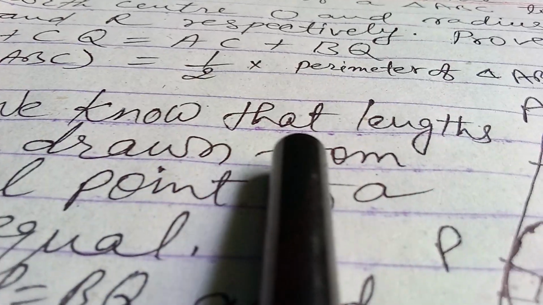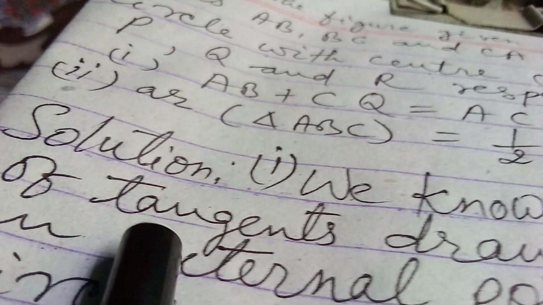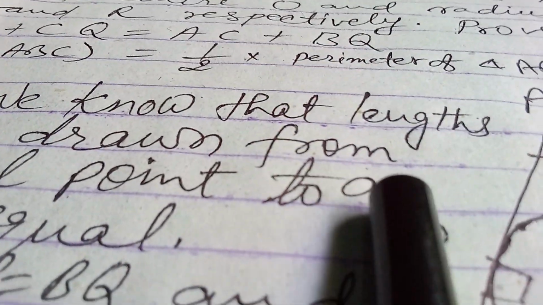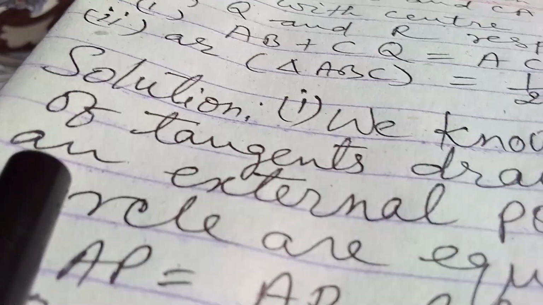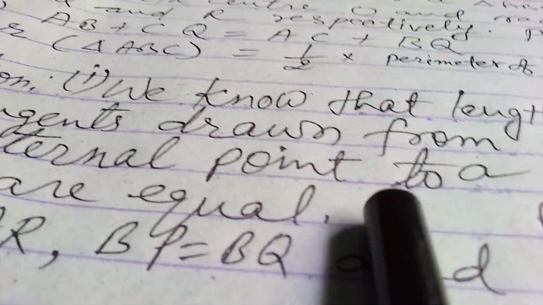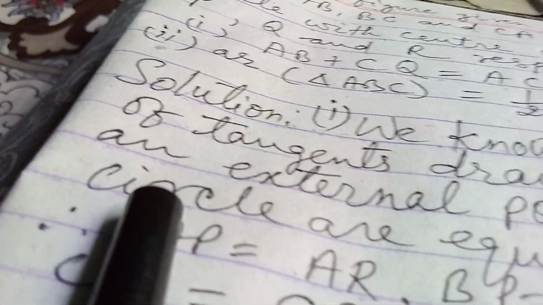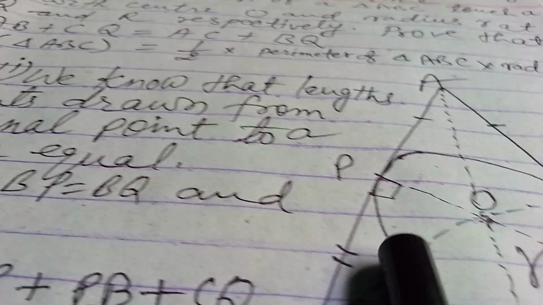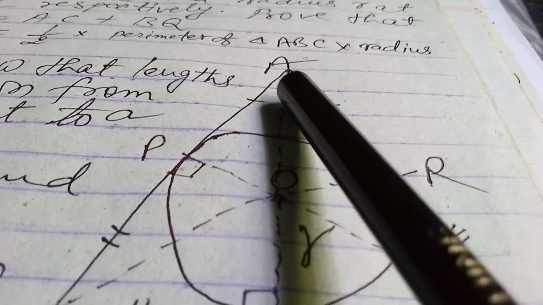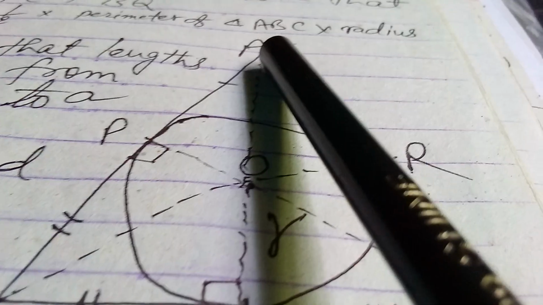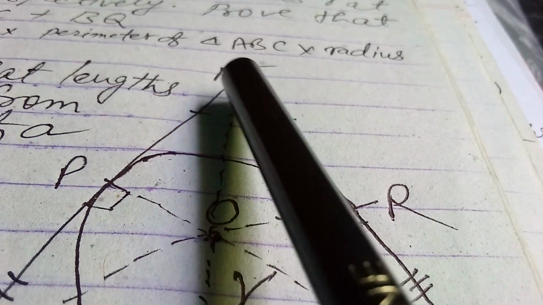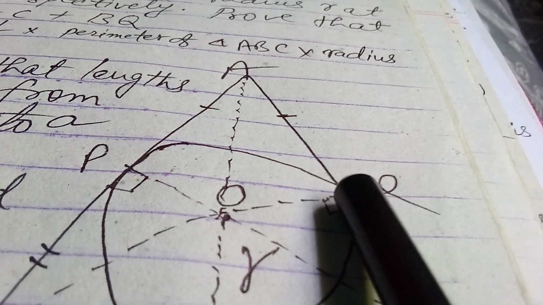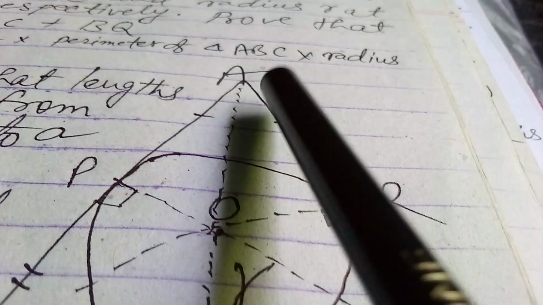We know that lengths of tangents drawn from an external point to a circle are equal. So here the external point is A, and from A, AP and AR are the tangents drawn from the external point.